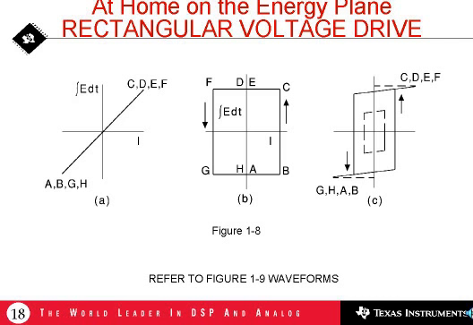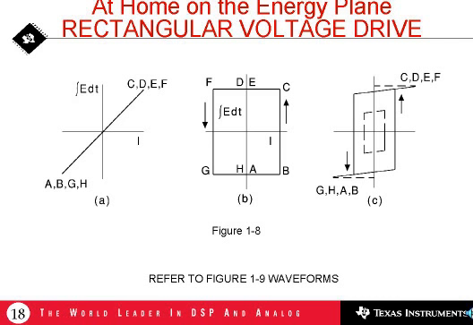The current becomes minus 10 amperes. It remains at minus 10 for the duration of the entire negative portion of the waveform, and the volt-seconds gradually change from F to G as time passes. We have minus 10 volts for 100 microseconds.